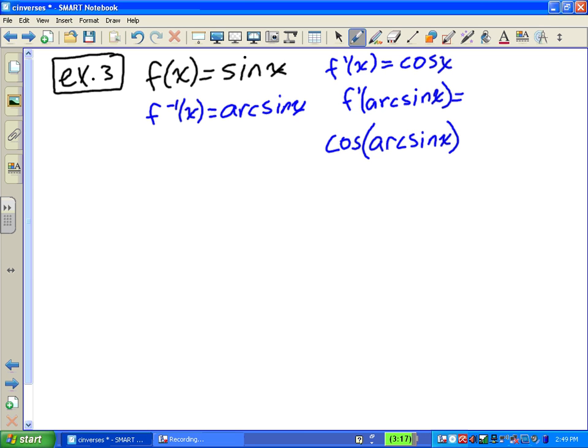Well, if we look at the inside first, let's draw a triangle. And this is our angle. Let's call it theta. Arcsine is the angle whose sine is x over 1. So one leg is x, the hypotenuse is 1. Therefore, by the Pythagorean theorem, the other leg is the square root of 1 minus x squared.